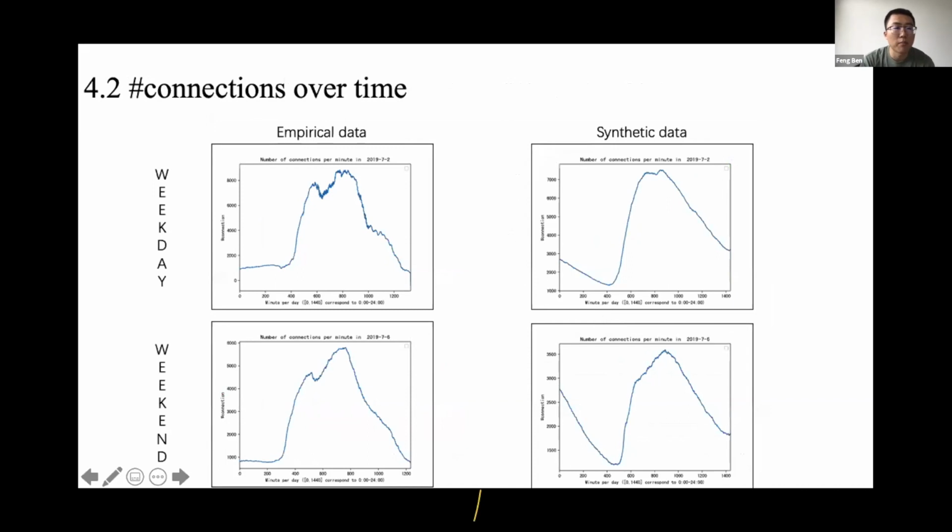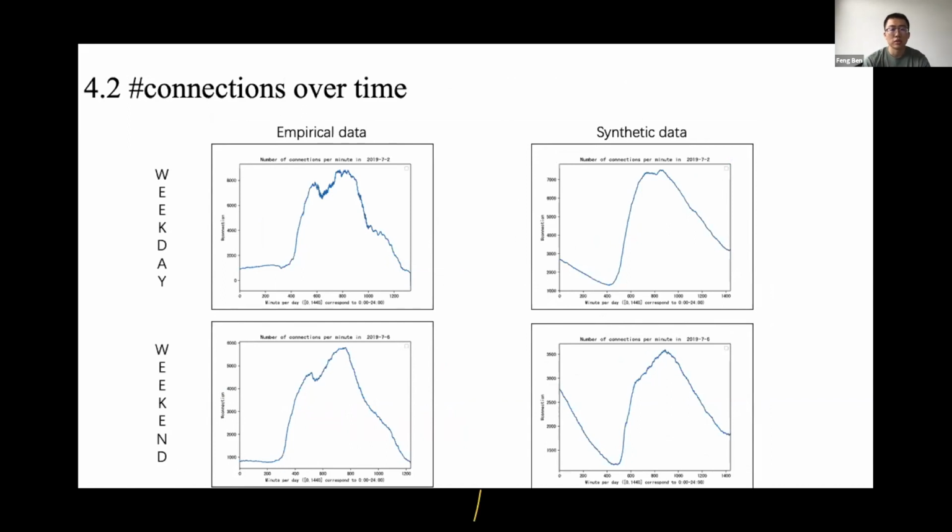Next, the number of connections over time. Synthetic data has an obvious difference from the empirical data, especially for the weekends. The reason for this should be that we didn't constrain the number of connections over time in the model.